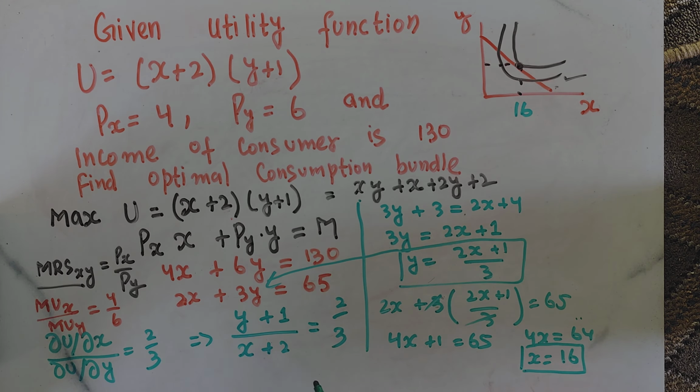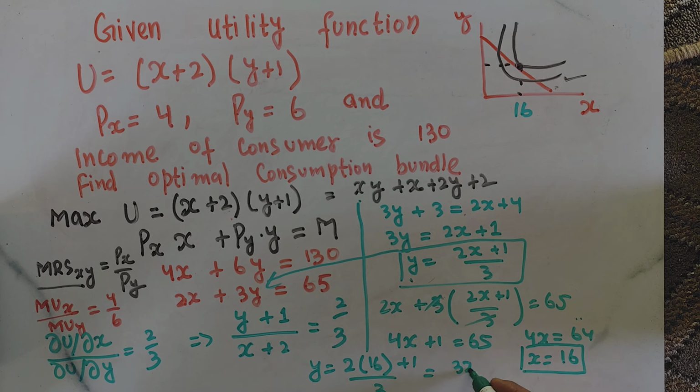What about the optimal consumption of good y? Plugging x = 16 into this function, y will be equal to (2 times 16 plus 1)/3, in place of x we substituted 16.